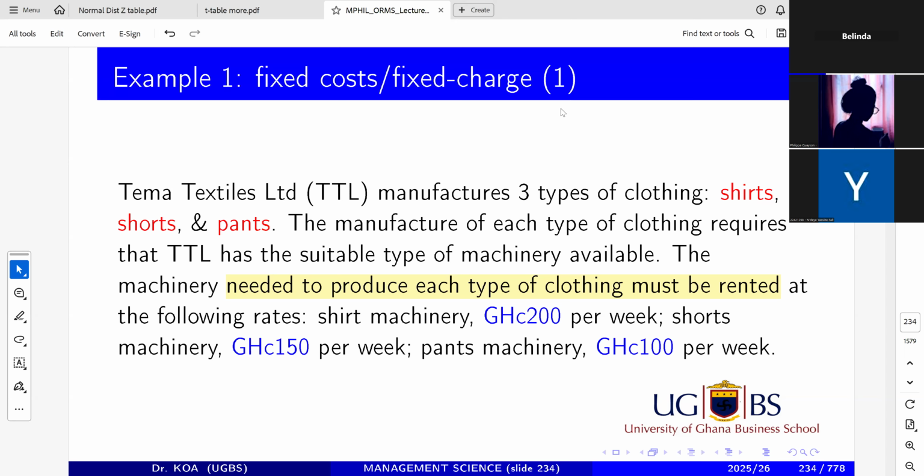All they said was they produce shirts, shorts, and pants. They didn't specify the type of shirts they produce. Did they specify the number of shirts? No, the type of shirt. Did they specify the number of shirts? I agree with you. They didn't specify the type of shirt, but did they specify the number of shirts?